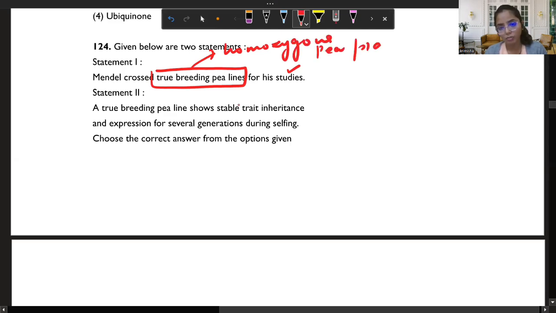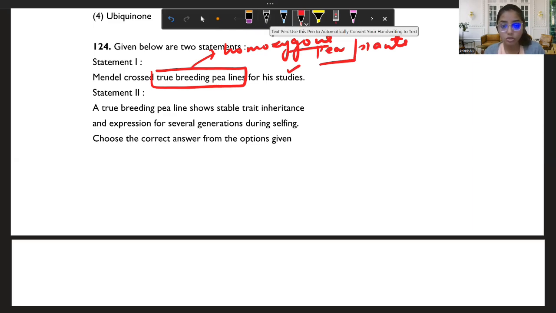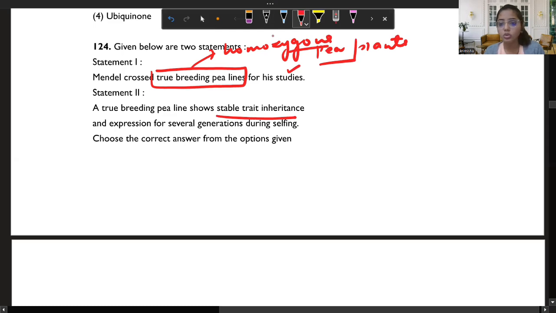Mendel did cross homozygous pea plants, with any characteristic, either height, pod color, seed color, any characteristic. The second statement says the true breeding pea lines, that is homozygous pea plants, show stable trait inheritance and expression over several generations during selfing. Yes, that is true.